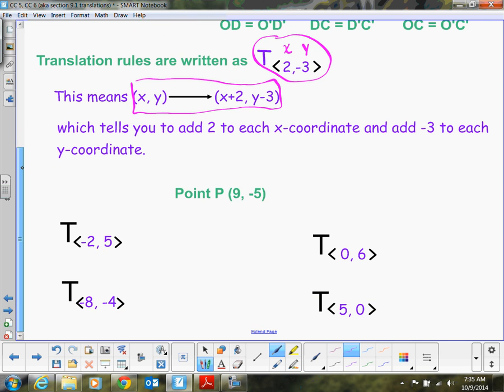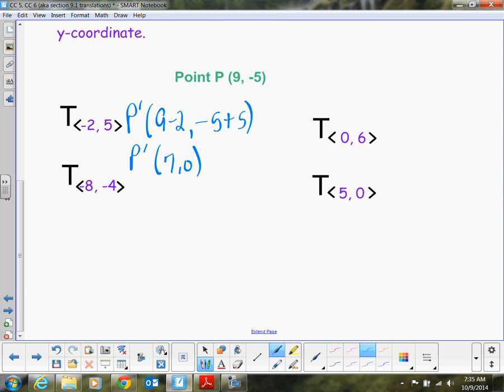So literally, if I want to transform point P, then after this translation, P prime is going to be 9 minus 2, comma, -5 plus 5, or P prime is going to be 7, 0. Was that hard? Okay.